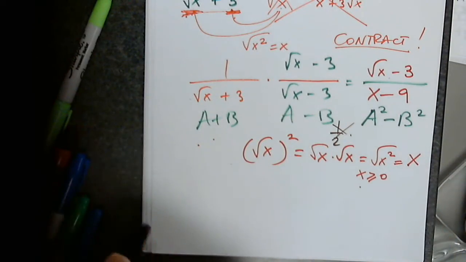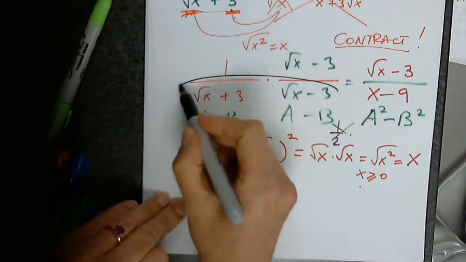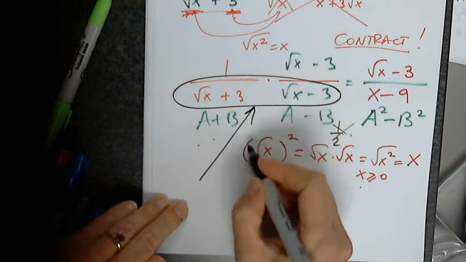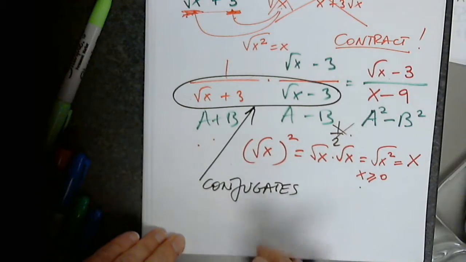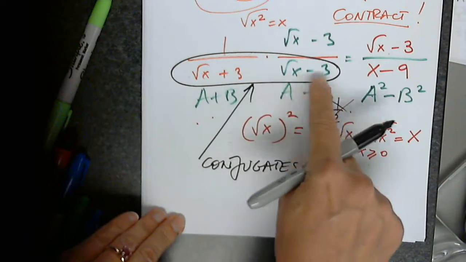And now let's look. So remember, these are called conjugates. A plus b, a minus b.